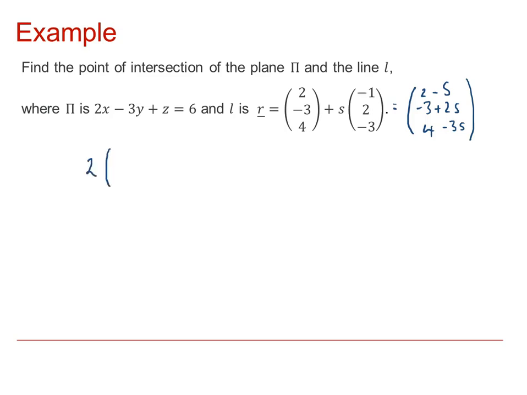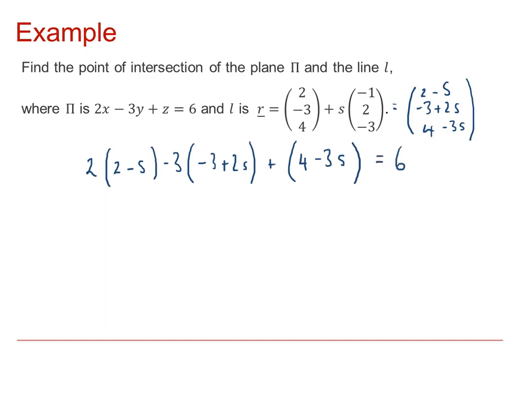We get 2 multiplied by the x value, which is 2 minus s, minus 3 multiplied by the y value from the line, which is minus 3 plus 2s, and then plus the z value, 4 minus 3s, and that must be equal to 6.